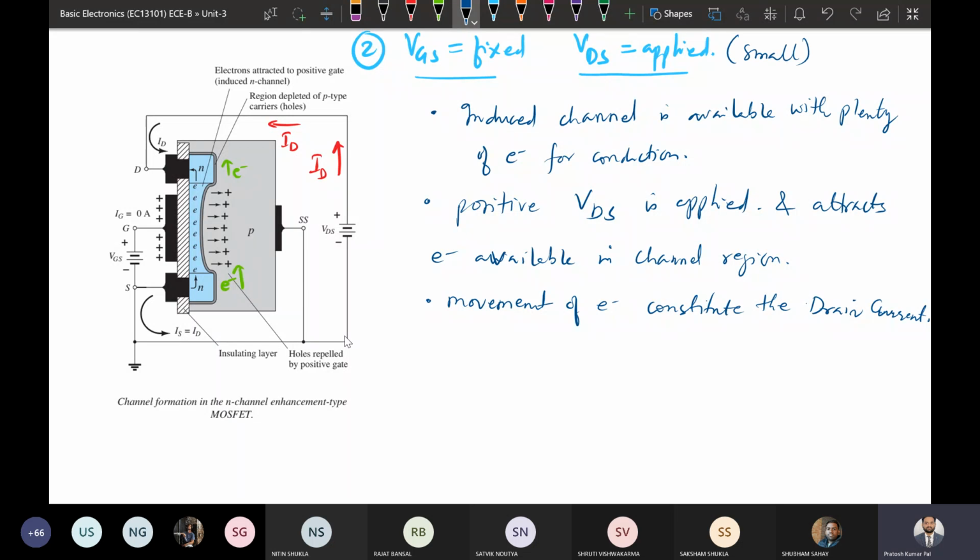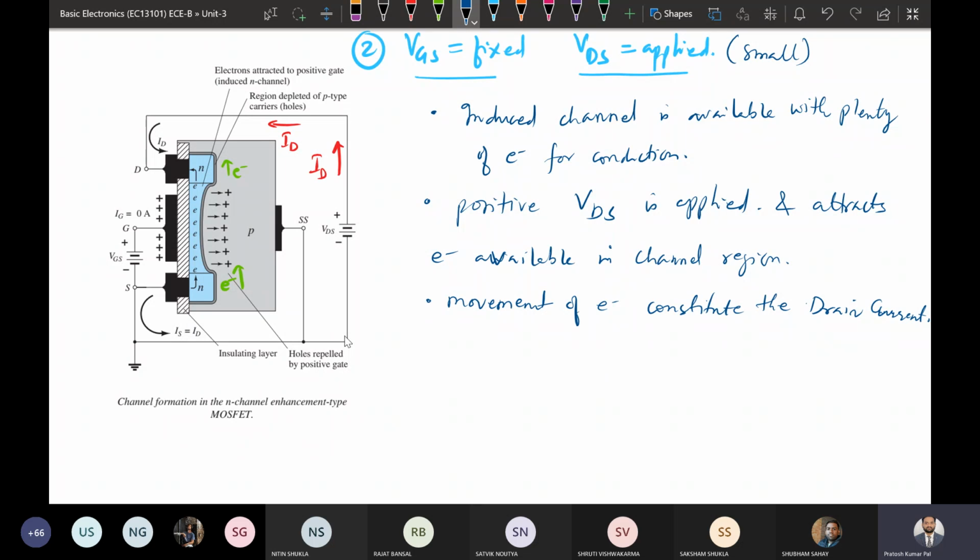We have applied a small VDS, then this type of phenomenon will be taking place. And there, as we apply the VDS, we can see that this is an N type and this substrate is of P type. So this is N and P, so there is a diode available because of this N region and P region.